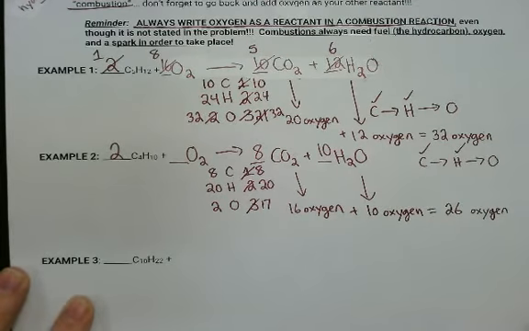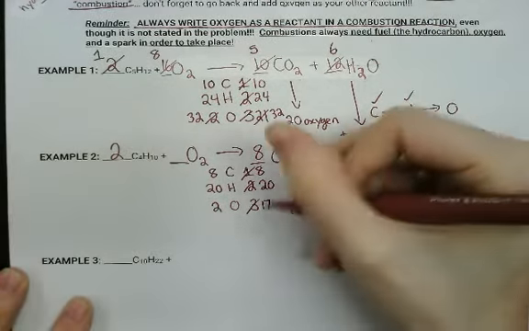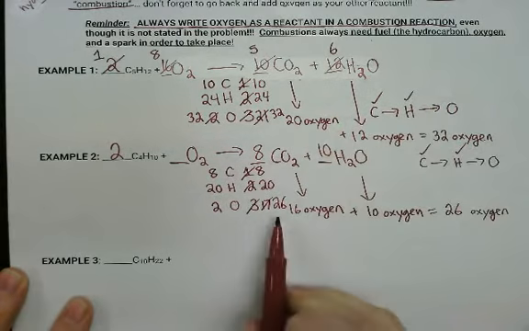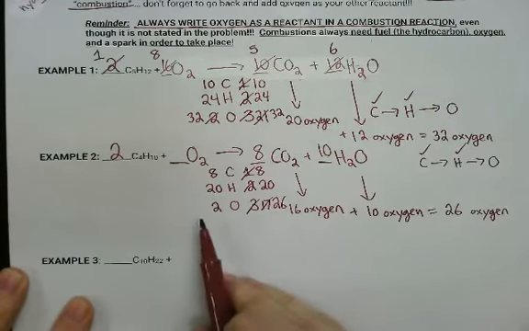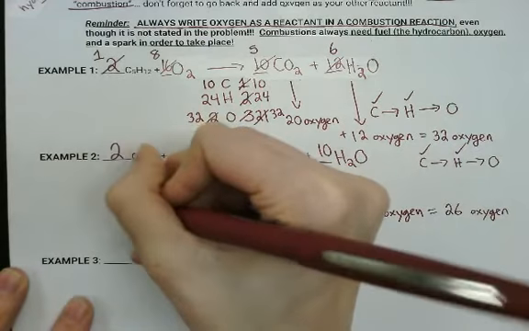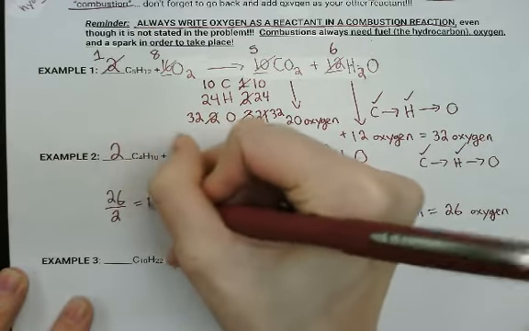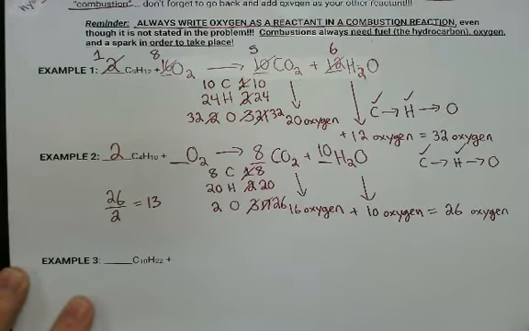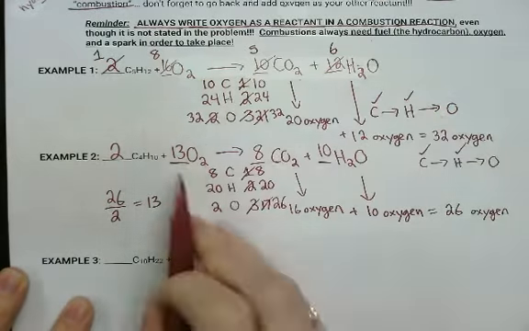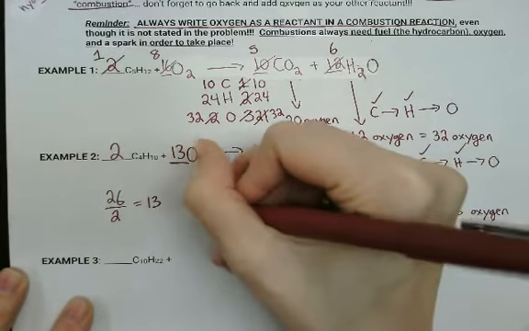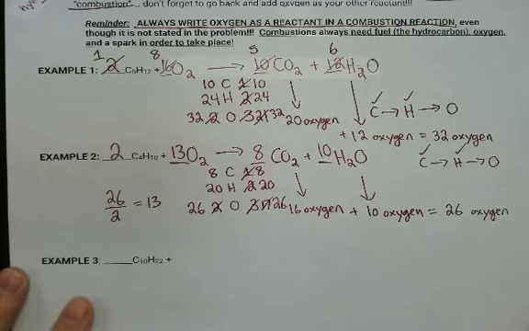And I have balanced my hydrogen. So I'm going to go ahead and balance my oxygen. 26 divided by 2 is 13. So I'm going to place a 13 here. That will get me 26 oxygen on both sides.